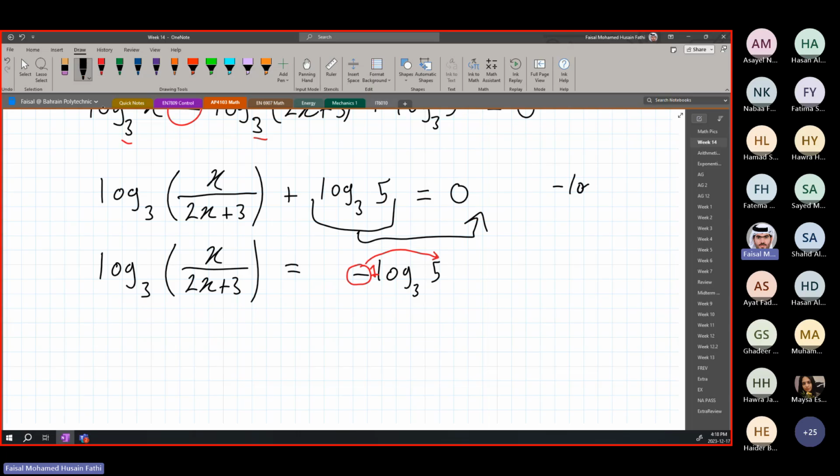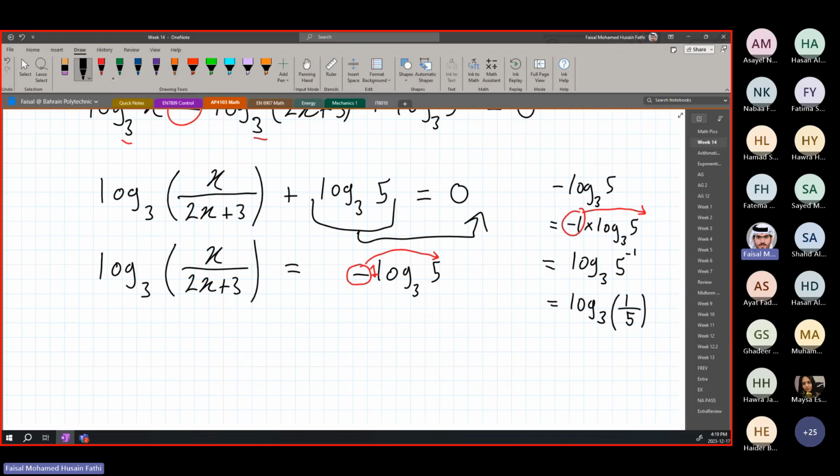So minus log 3 of 5 is equal to minus 1 times log 3 of 5. So we will take this minus 1 up into the power. So we will have log 3 of 5 to the power of minus 1. Log of any number to the power of minus 1 is simply what? This is equal to log 3 of 1 over 5, if you remember from our previous session.